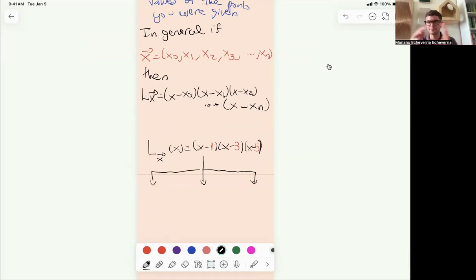And each of these smaller polynomials is obtained from the original one just by dividing by each of the corresponding terms.